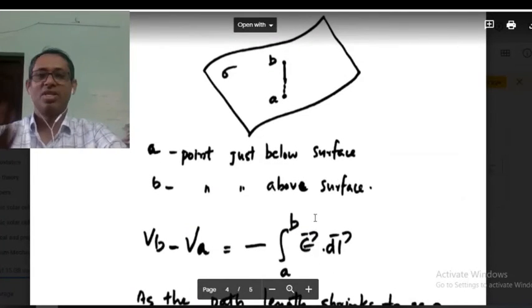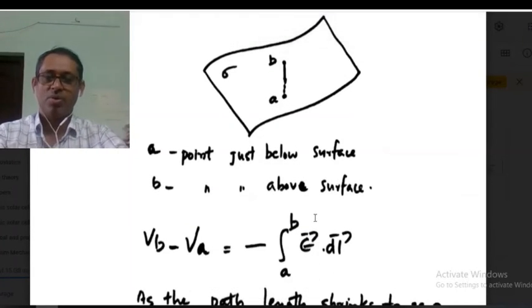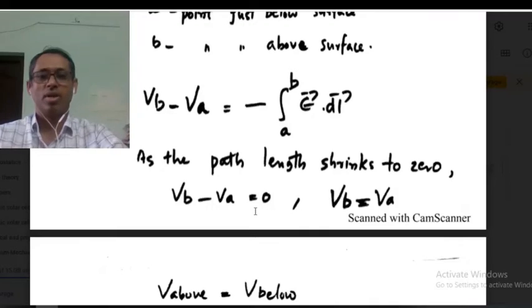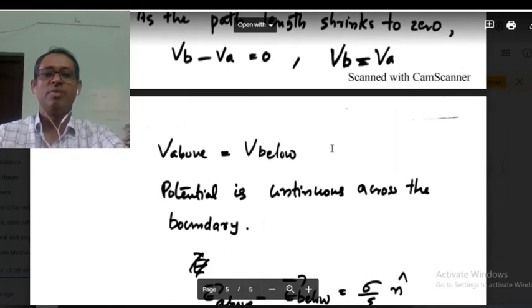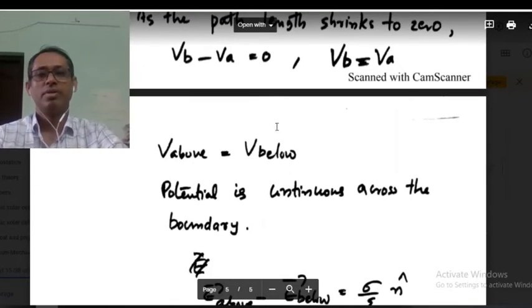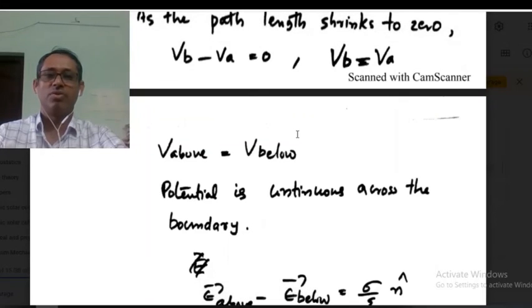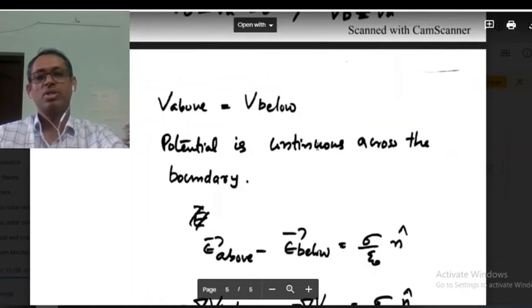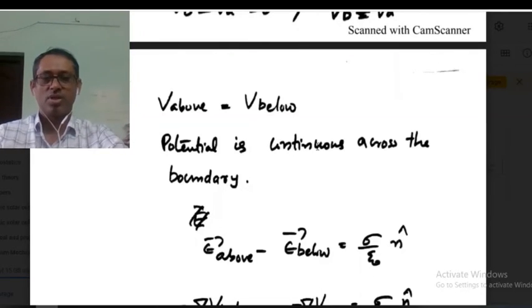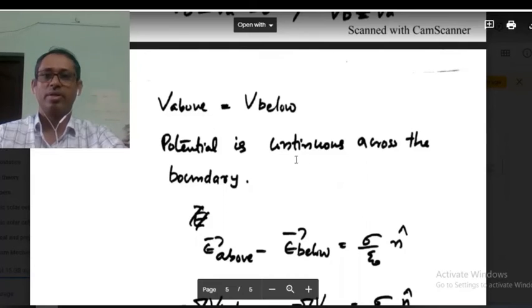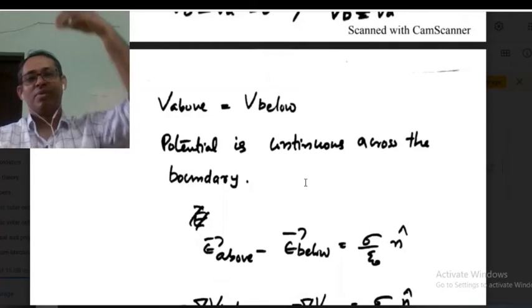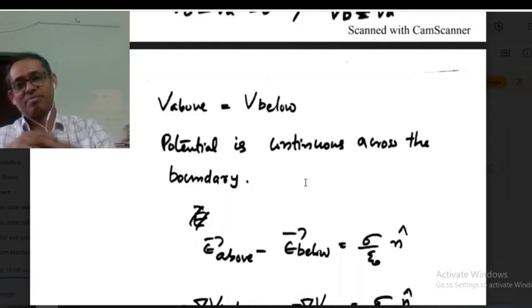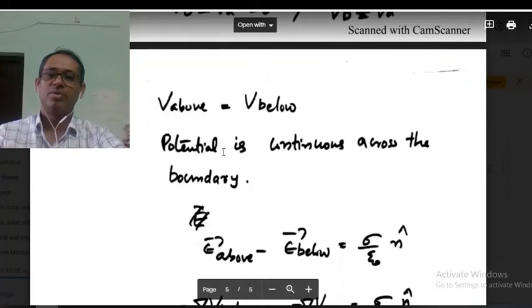VB is the potential above, VA is the potential below. These two are equal. So V above is equal to V below. We say the potential is continuous across the boundary. The potential is the same below and above.